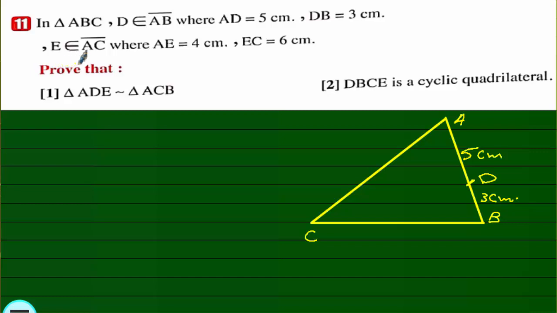Also, we have E belongs to AC, such that AE equals 4 and EC equals 6. So here we drop the point E. We have EC equals 6 centimeters and AE equals 4 centimeters.